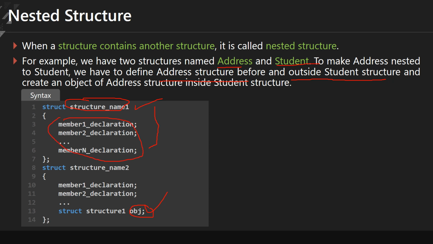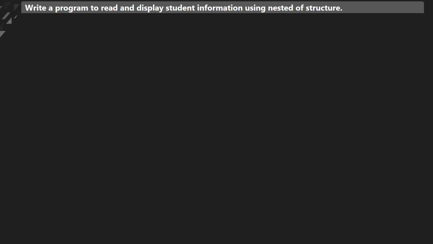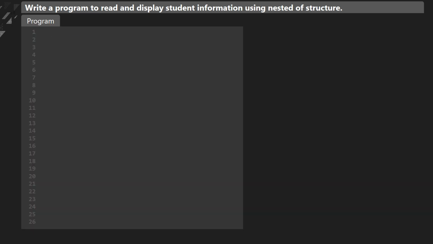Like that you can create a nested structure. Let us see how to use the nested structure to write a program to read and display student information using a nested structure.